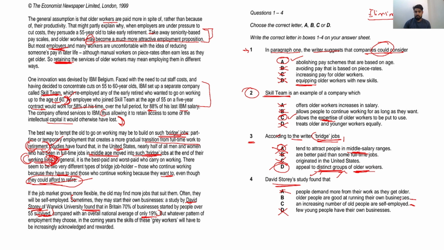So older people are good at running their own business. "An increasing number of older people are self-employed" is not the thing. They are not talking about how many older people are self-employed. The study is about how many businesses started by people over 55 survived. So that is why it is the correct answer. That is B. Fine.